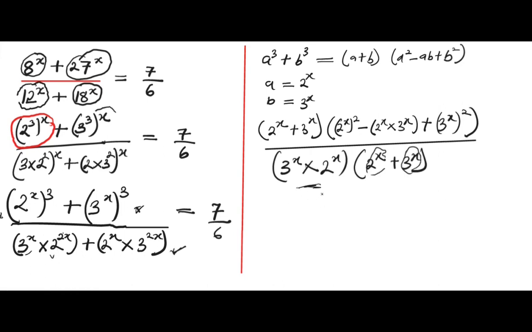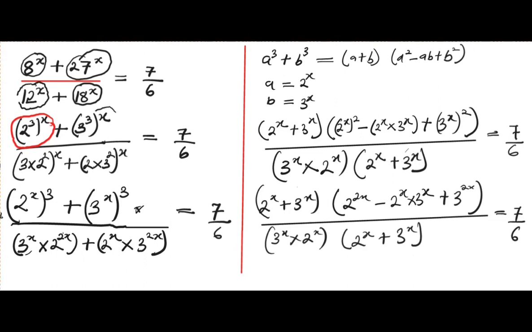And this is equals to 7/6, okay? So I have just copied this out down here. So if you notice, I have multiplied x times 2, we have 2x. And here, I just remove it from this bracket, 2 raised to the power of x times 3 raised to the power of x. And plus x times 2, we have 3 raised to the power of 2x, okay? And I copied this down here, okay?